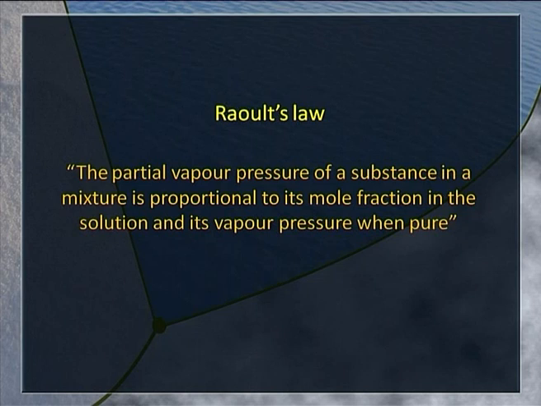But a very important law is Raoult's law in dealing with liquid vapor systems. The partial vapor pressure of a substance in a mixture is proportional to its mole fraction in the solution and its vapor pressure when it is pure.